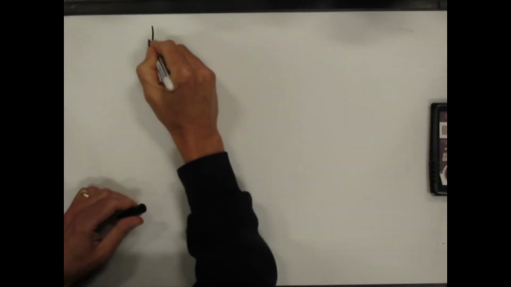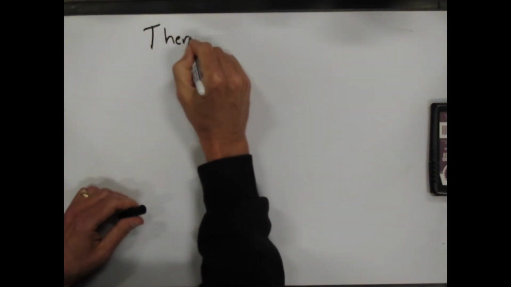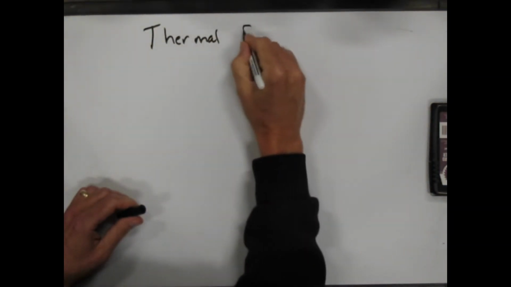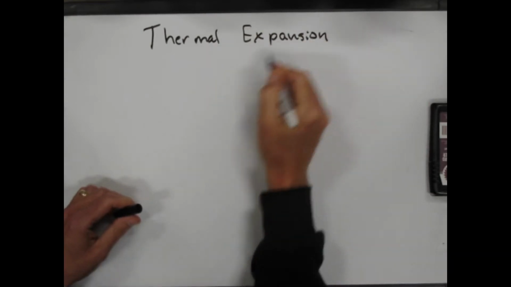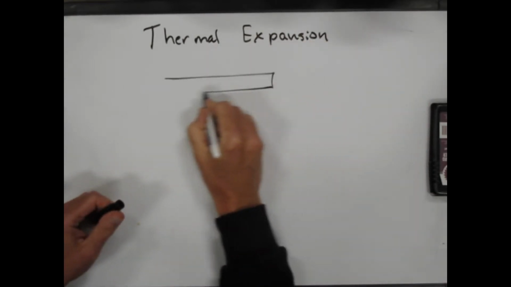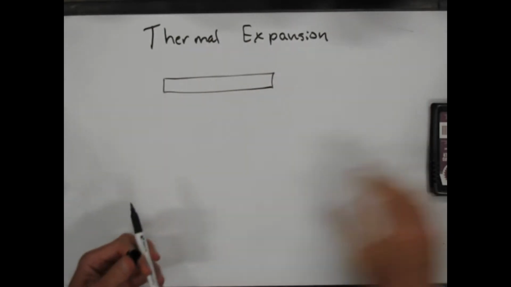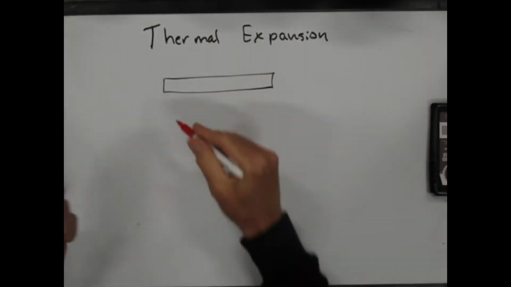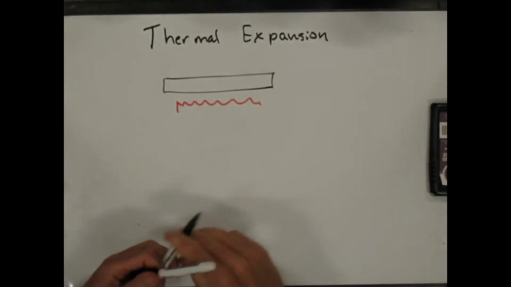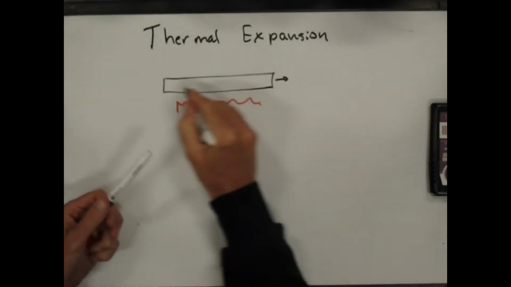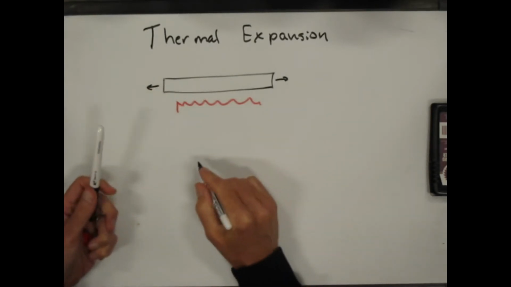So let's talk about thermal expansion. If you take an object and heat it, these are little flames, right? It expands. It can be a piece of wood or a piece of metal or something like that.